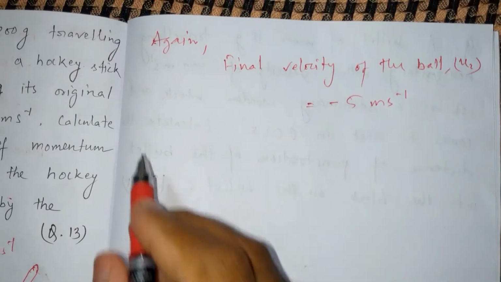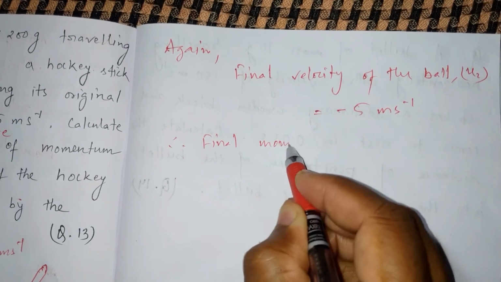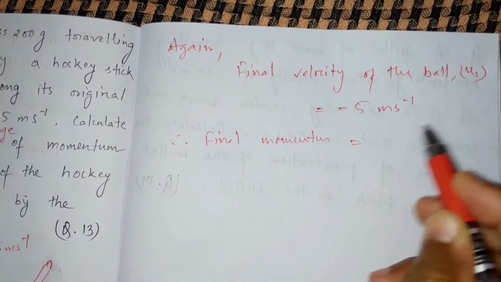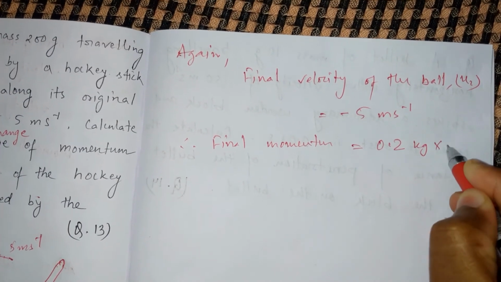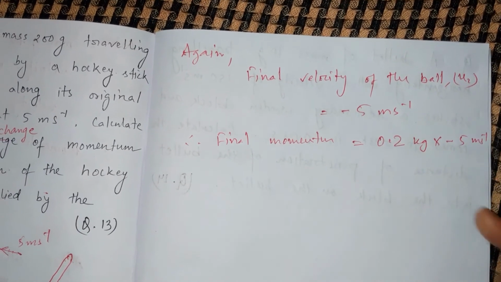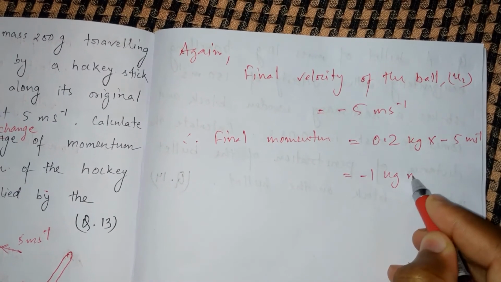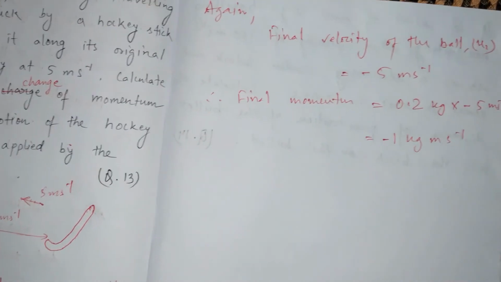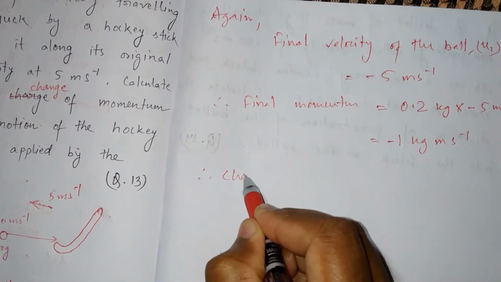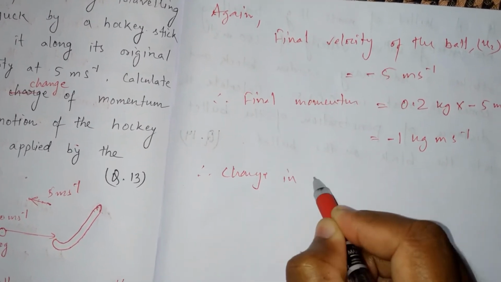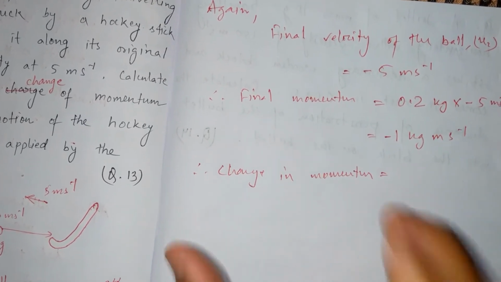So therefore we will write final momentum equal, mass is 0.2 kg into minus 5 meter per second. So it will be minus 1 kg meter per second. From this we can find the change in momentum. Therefore change in momentum equal to final momentum minus initial momentum.